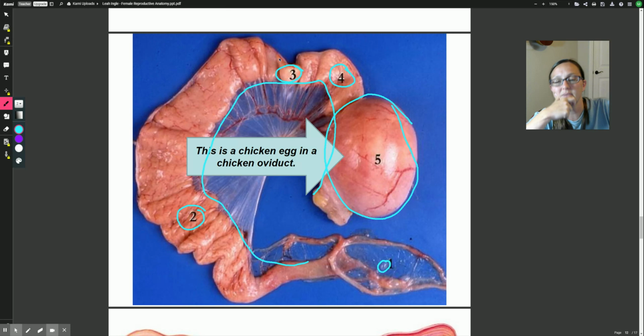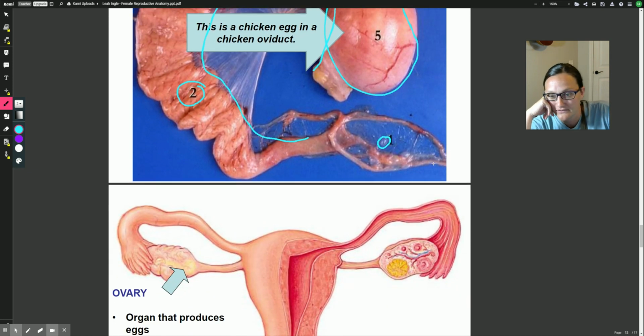They're all developing in the same structure, in the same fallopian tube, but all the stages of development are different. Yeah. So anyway, moving on. I think that's super cool.